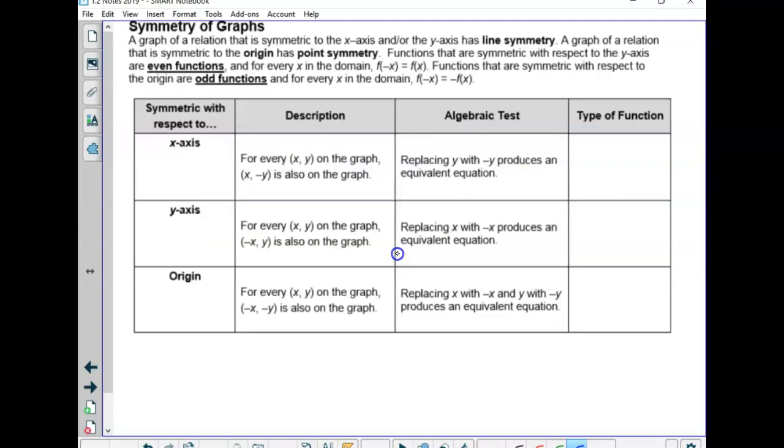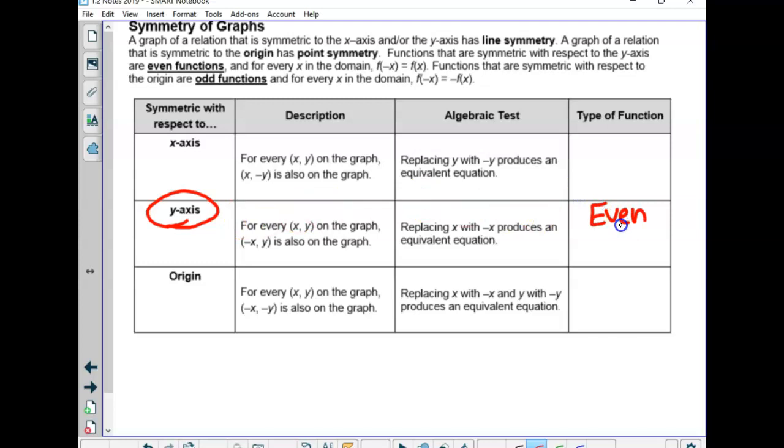So, you have this. Let's go through and fill this in. It says functions that have symmetry with respect to the y-axis are even functions. Okay? Y-axis symmetry, if it's a function, it's called even.